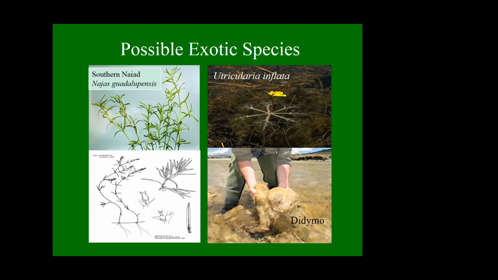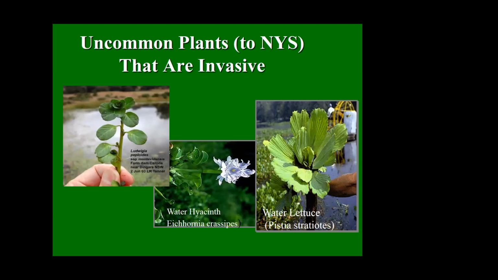So there's a lot of confusion about this particular one. And just a few others, two of which are very common to the water gardening industry and have popped up occasionally in our part of the world. The water lettuce and the water hyacinths are tropical species. Very showy flowers on the hyacinth, and the water lettuce produces very dense cover on lake surfaces.